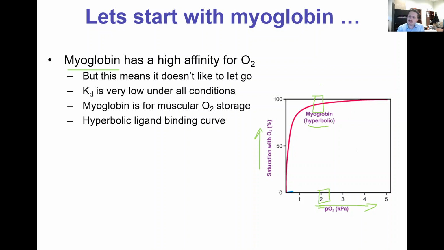And so the thing is, if we go back to our equation, protein plus ligand forms a protein-ligand complex, and the extent to which that breaks down is the Kd. Now the Kd is very low.